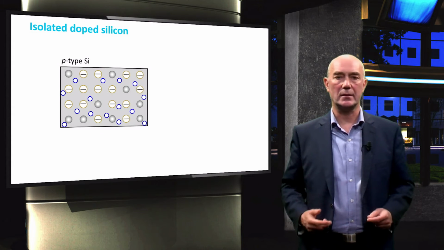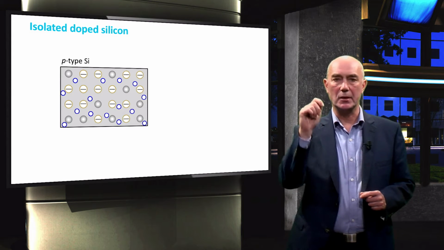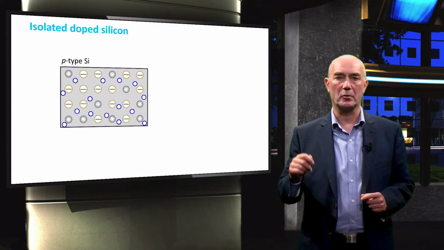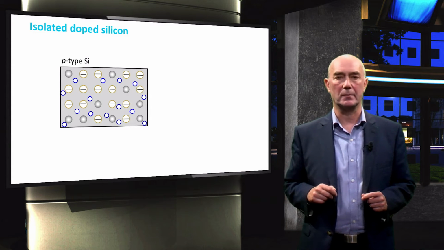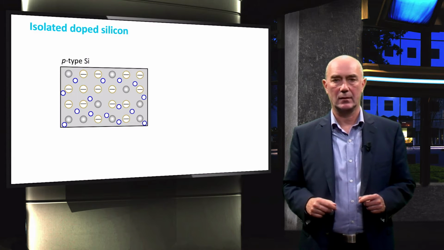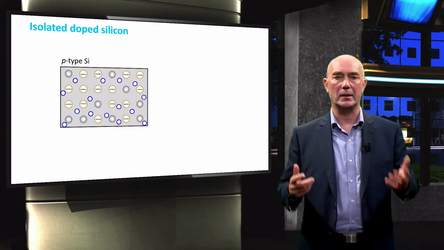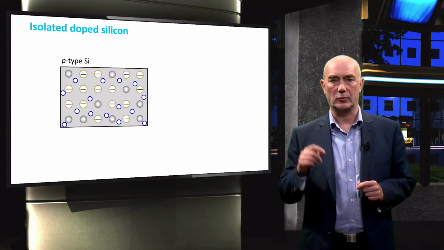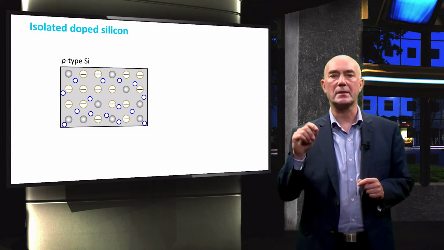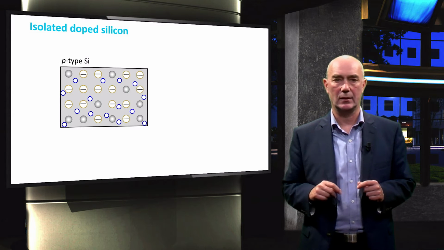Let's start with p-type silicon. P-type silicon is doped with elements from group 3 in the periodic table, which act as electron acceptors. Boron is typically used as a dopant for p-type silicon. At room temperature, p-type silicon has a higher concentration of holes than electrons.